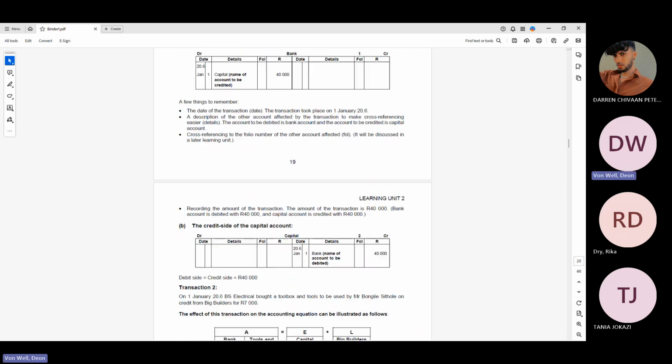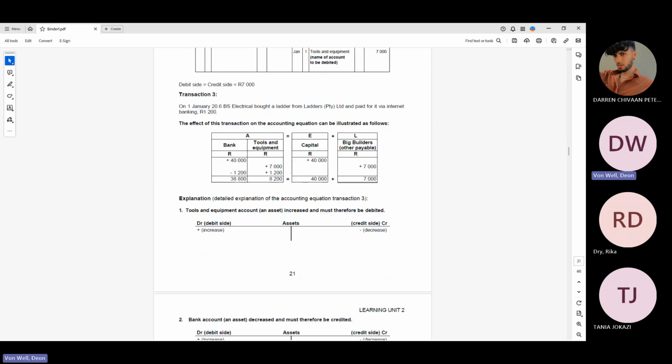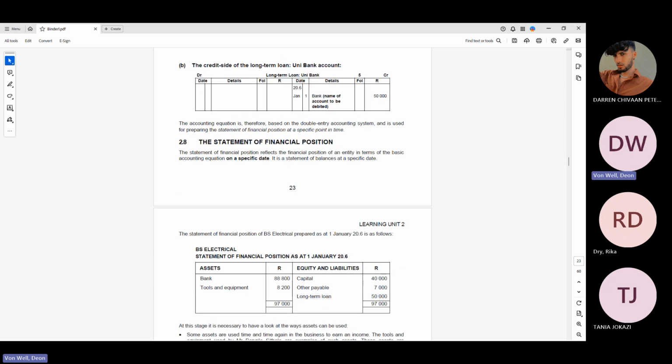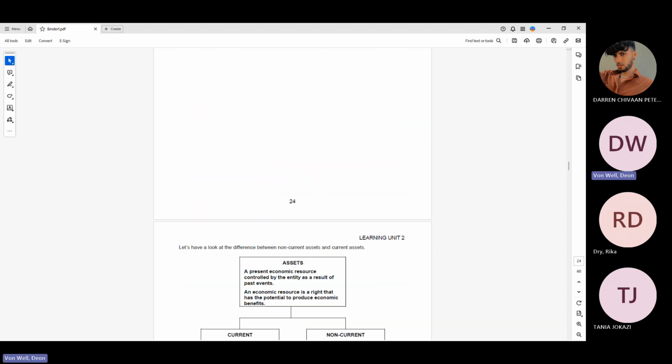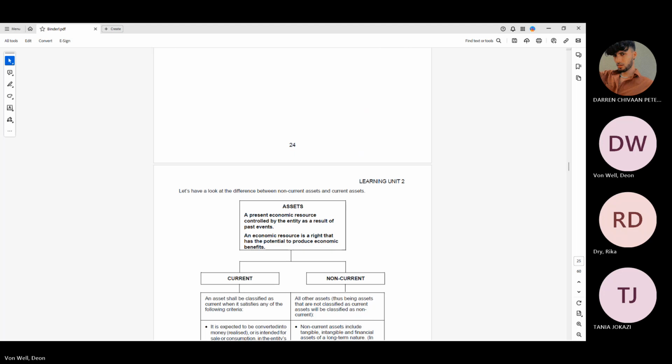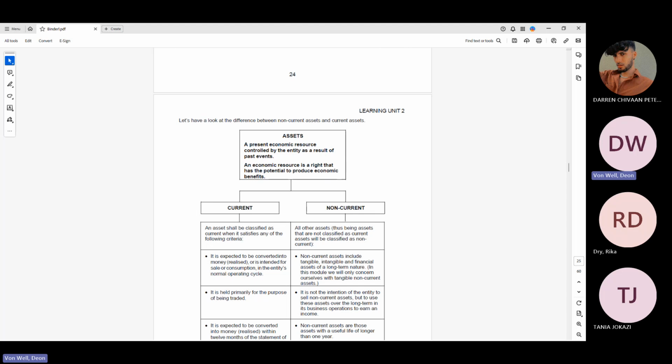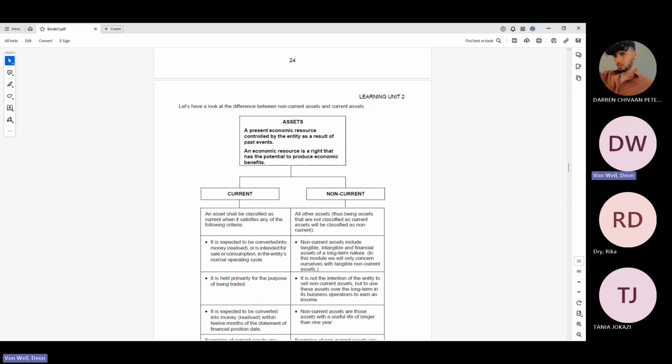I think that's the most important part of learning unit 2, because I see the time is running. Just remember here, we have the split between current and non-current. My current assets are the ones that will change within 12 months. Anything like inventory, bank, debtors, trade receivables.